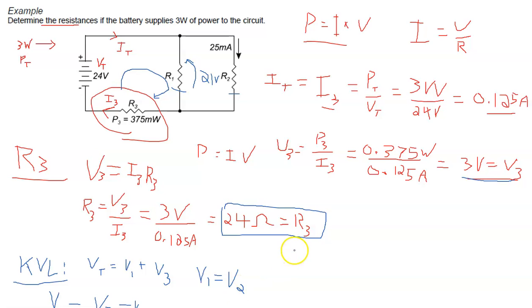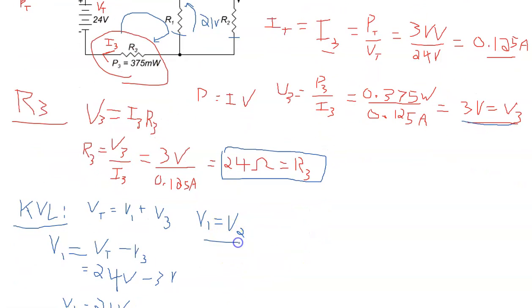So right now, because this is true, it's R2 we have two pieces of information about. So let's tackle R2. For R2, we have the current and we have the voltage. So V2, 21 volts. I2 on the diagram, 25 milliamps.